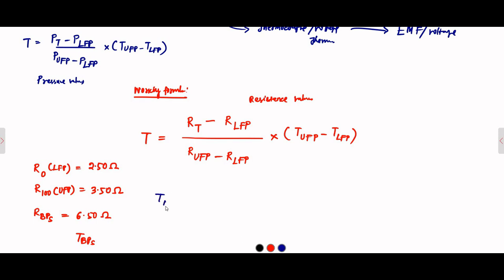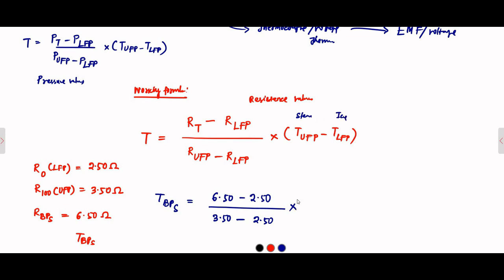So the temperature at the boiling point of sulfur is equal to the resistance at the boiling point of sulfur, which is 6.50, minus the resistance at the lower fixed point or the ice point, which is 2.50, by the resistance at the upper fixed point, which is the boiling point of water or steam point, that reading is 3.5, minus the lower fixed point, which is the ice point, 2.5, multiplied with the temperature difference between the upper fixed point and the lower fixed point, that is steam point minus ice point.